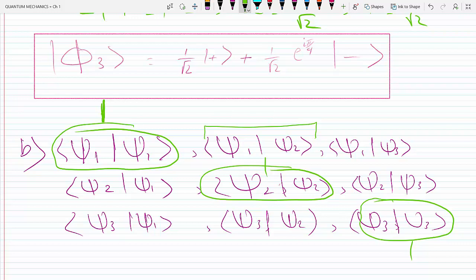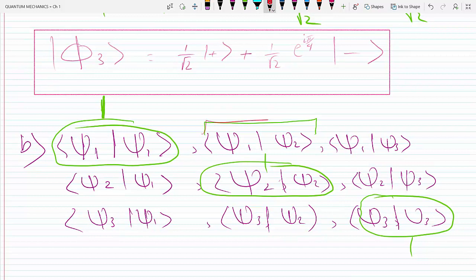But what do you think the relationship will be between psi 1, 2 and psi 2, 1? Well, think about it. All you're doing is switching the bra to a ket and the ket to a bra on each one of them.